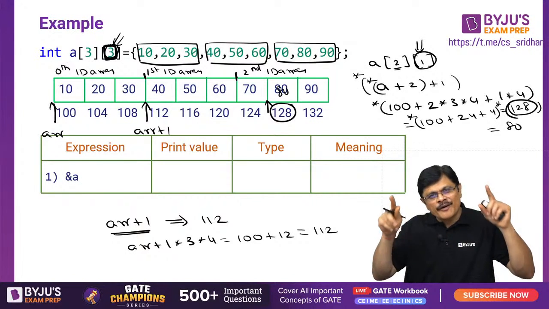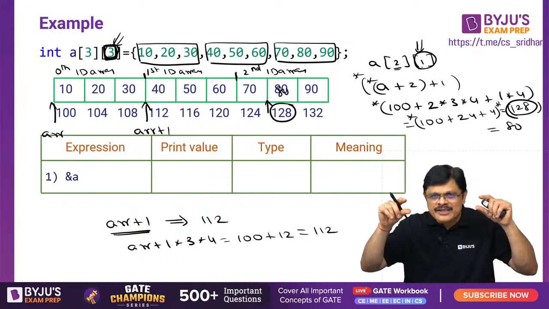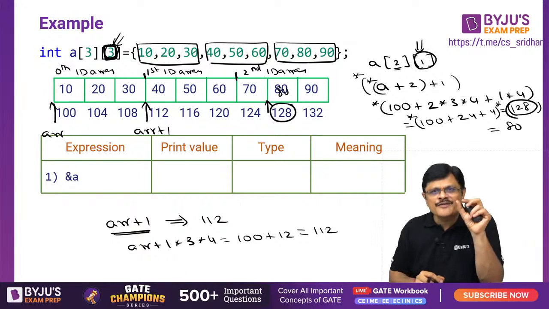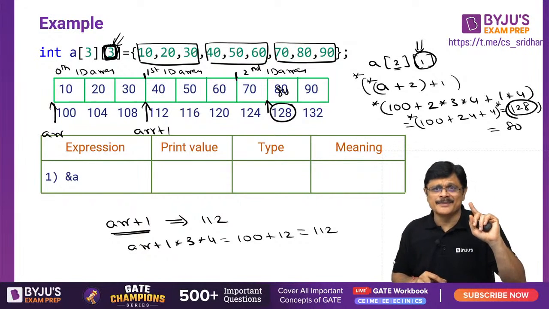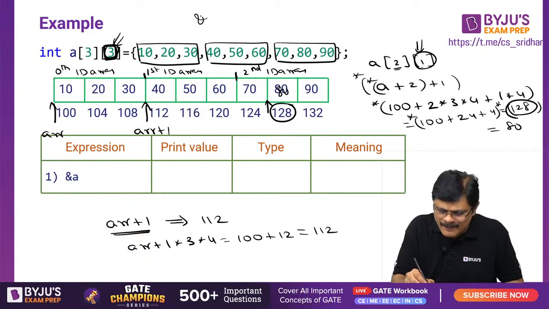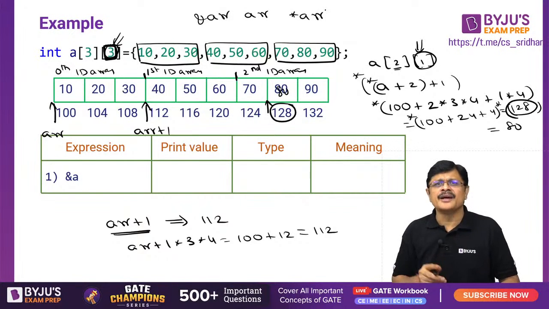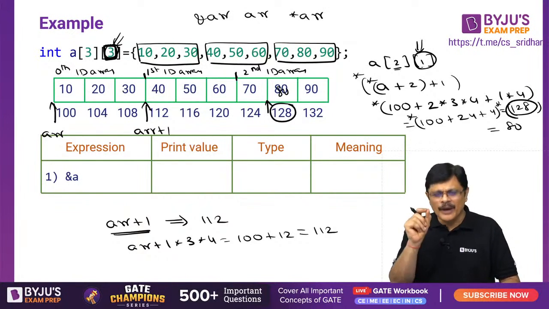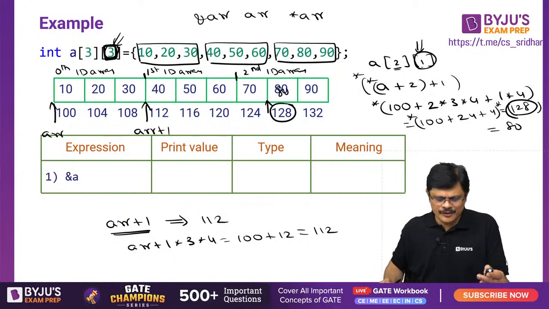Whether it is address of entire 2D array, address of first one dimensional array in that, or address of 0 location, all are same, sir. So whether you do ampersand ARR, or ARR, or star ARR, they all refer to the same value 100. Suppose 100 is the value, the same value you are going to get.